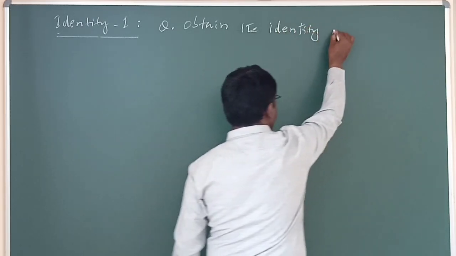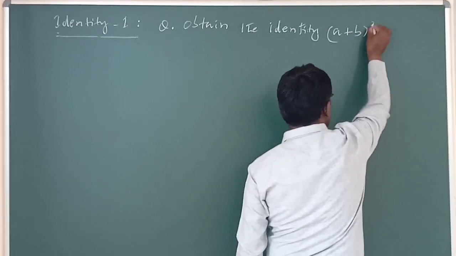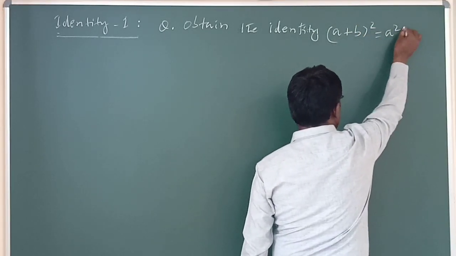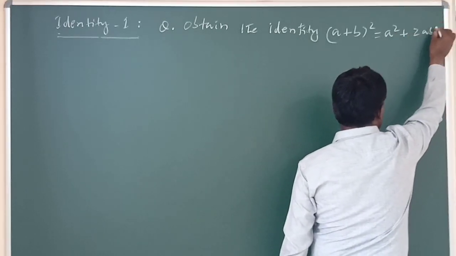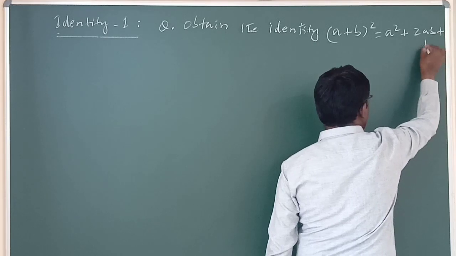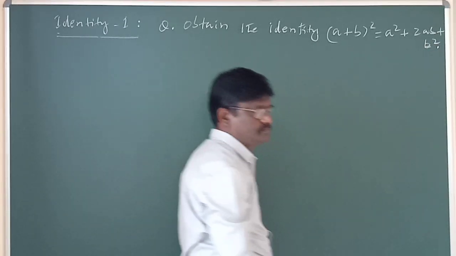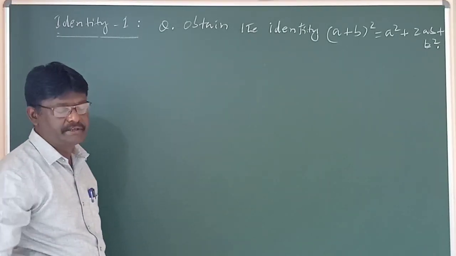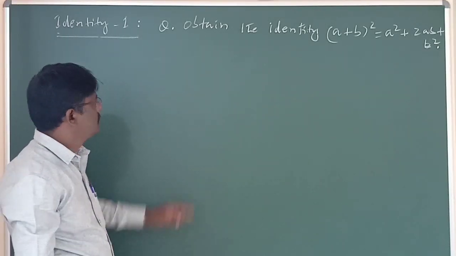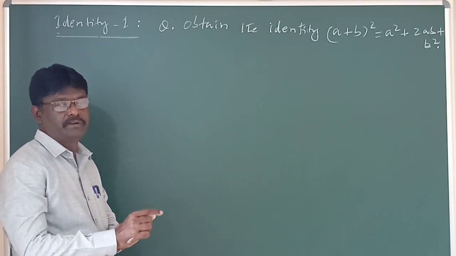Obtain the identity: a plus b whole square equal to a square plus 2ab plus b square. Okay, this is the very first identity. Now what is the meaning of obtain? It means nothing but a simple derivation.